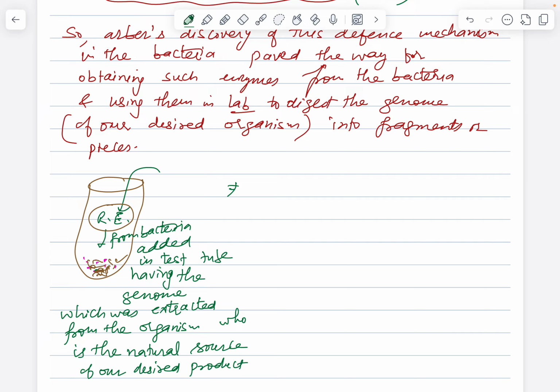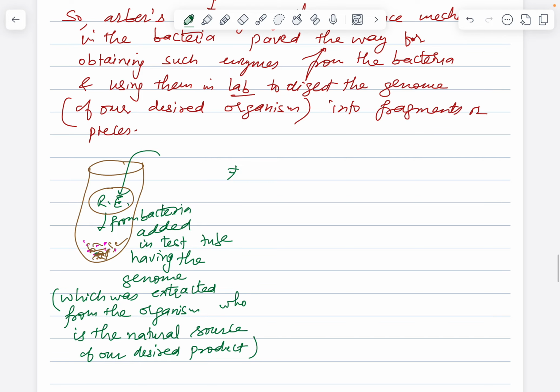Which genome? The one that is extracted from the organism who is the natural source of our desired product.